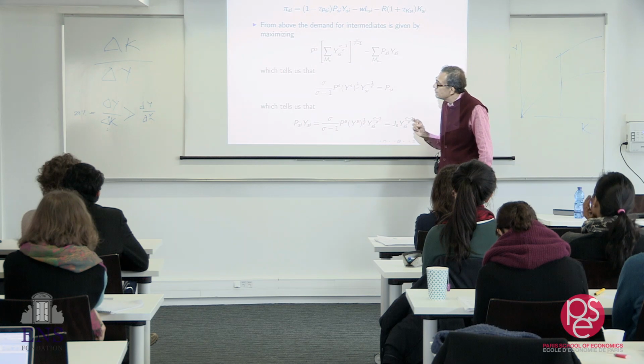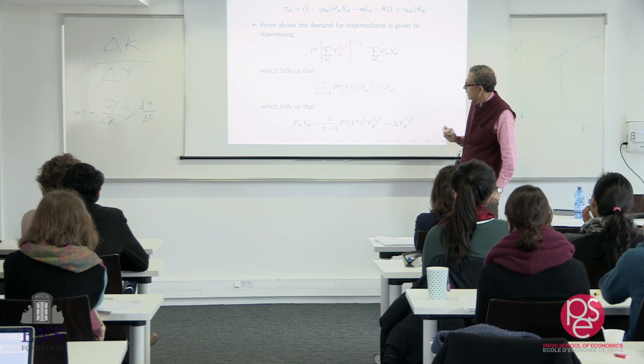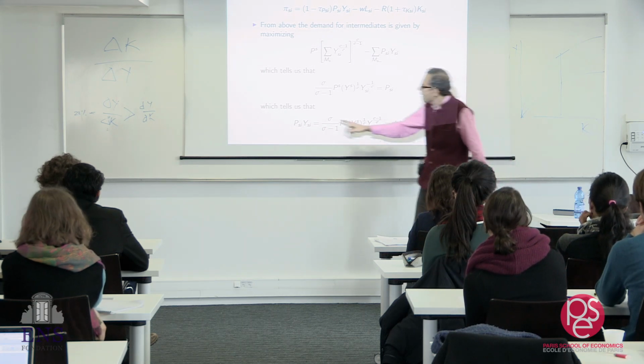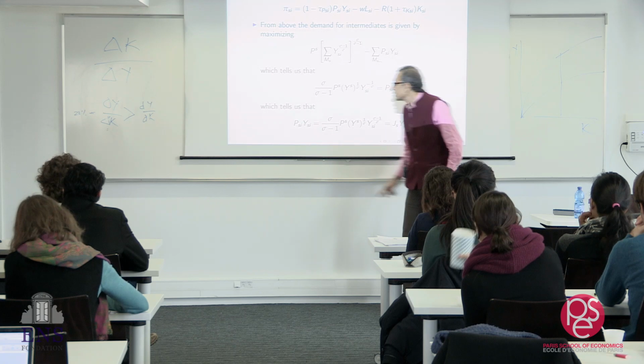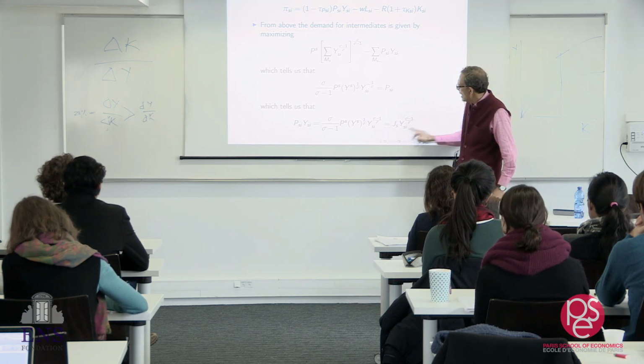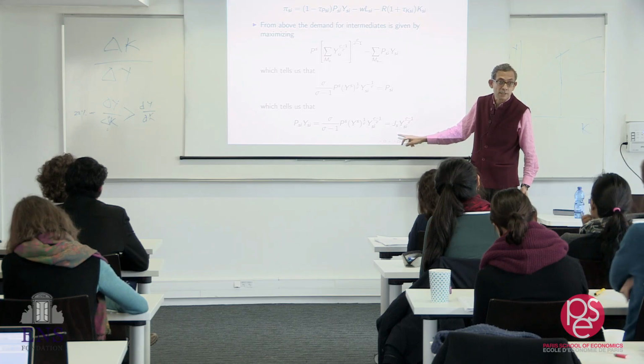But the important conclusion they draw from that is that you have some relationship between the total revenue of the firm and its output, and the J doesn't depend on the firm. It's a constant.